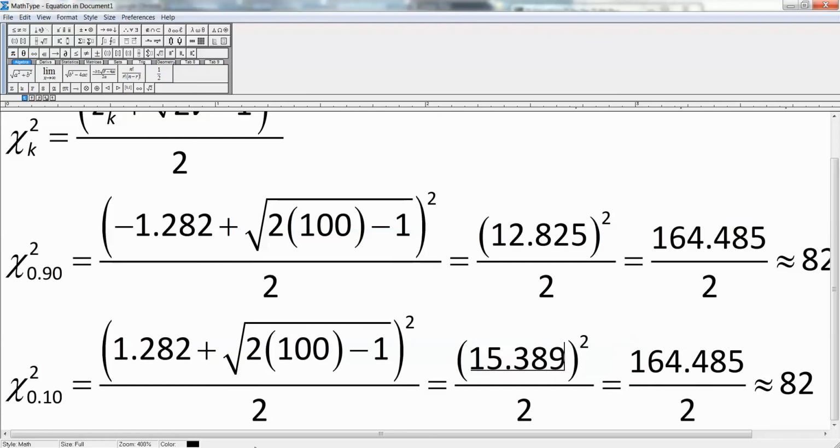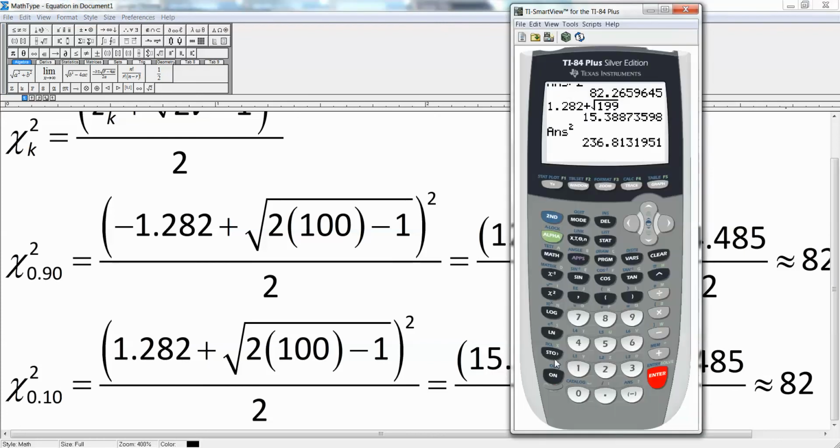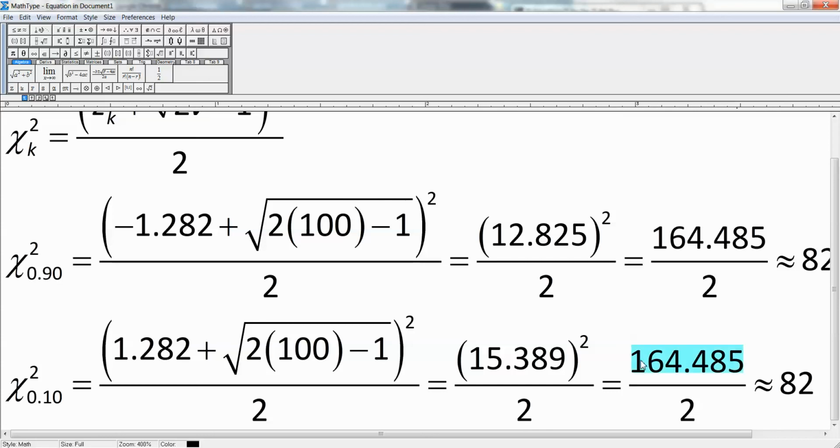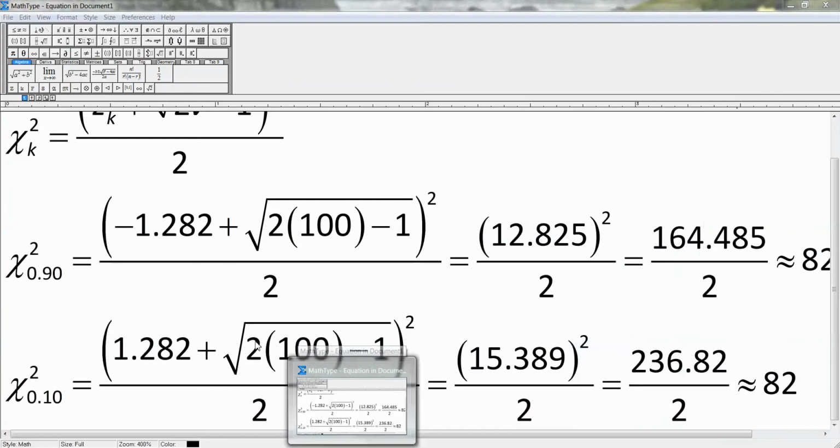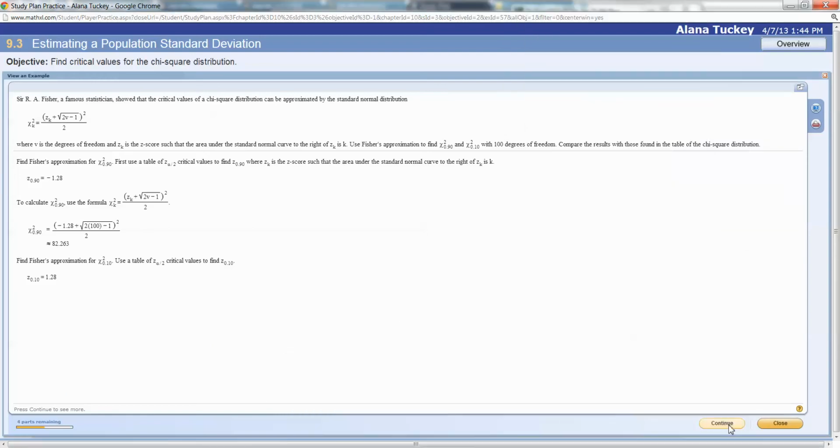15.389. Oh, they'll probably want us to round it a bit. So let me re-round that. 15.389 squared is 236.82. And you divide it by 2. So it's just a formula for coming up with approximations for the values from the table. So 118.41. Let's see what we got.